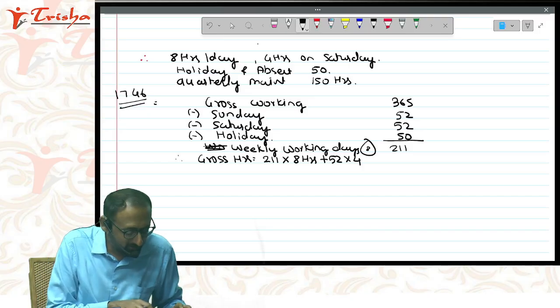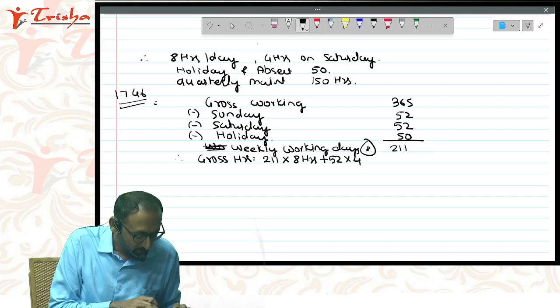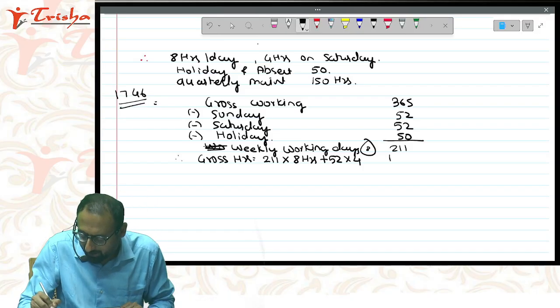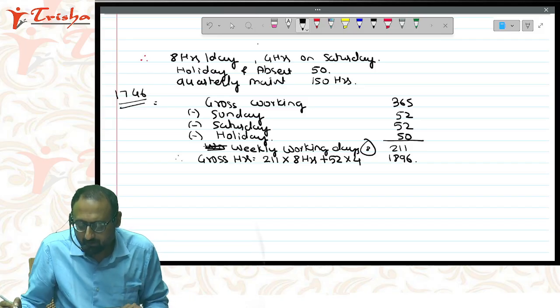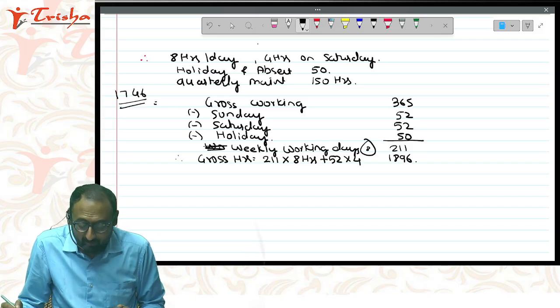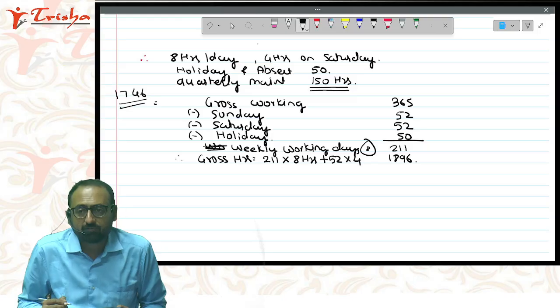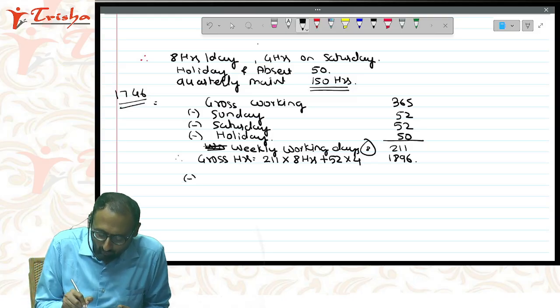So how many gross hours will be there, Sarji? 211 multiplied by 8 hours plus 52 multiplied by 4. Is it 1896? And quarterly maintenance will be 150 hours. So less quarterly maintenance.